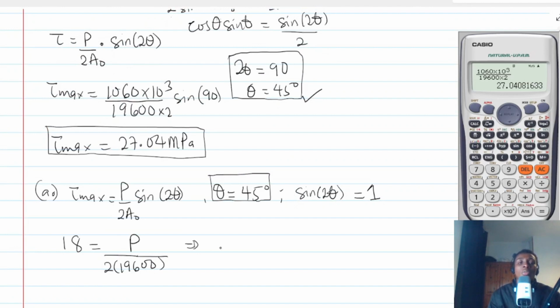So we know the stress, and then we can say that our P, which is the load, is going to be 18 multiplied by 2 multiplied by 19,600.